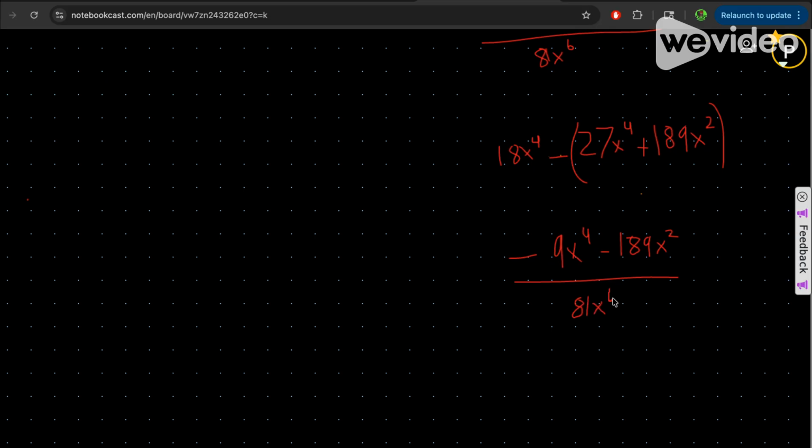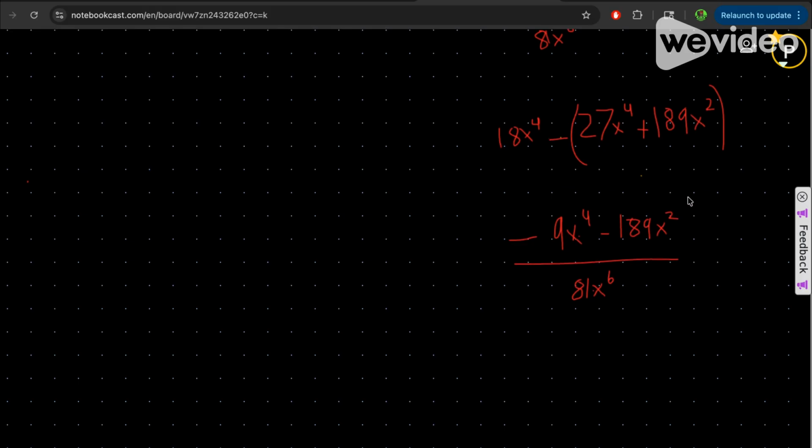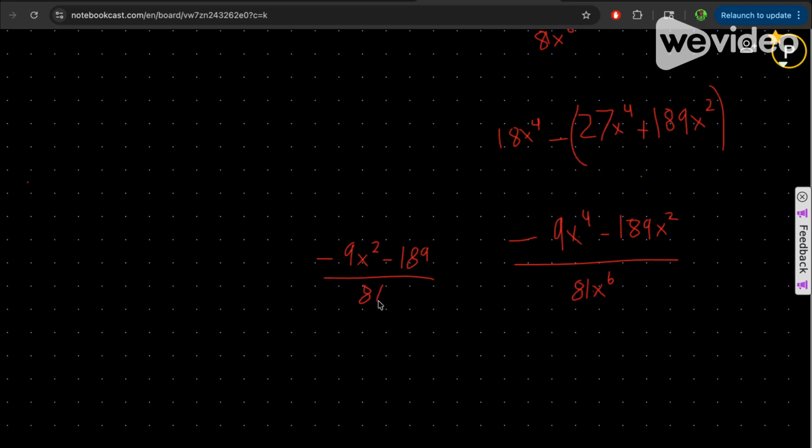Is there any way we can simplify this? Yes, we can simplify these x's, so we can divide all this by x squared. So we can say minus 9x squared minus 189 over 81x to the 4th. Now, there's one other way we can simplify this further, because each of these has a factor of 9 in them. Technically the 189 is not a coefficient now, it's a constant.